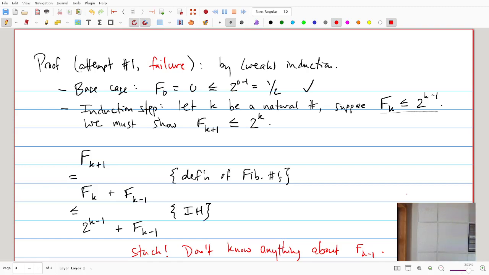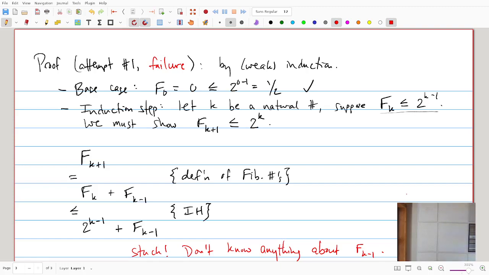If we're trying to prove that Fibonacci numbers have some property, then probably to prove that a certain Fibonacci number has the property, we're going to need to know that property about the 2 previous ones, because it's defined in terms of both of them. Right? So just weak induction, where we only assume something about the 1 previous thing, is not going to be enough. Right? We need to know something about the 2 previous things.